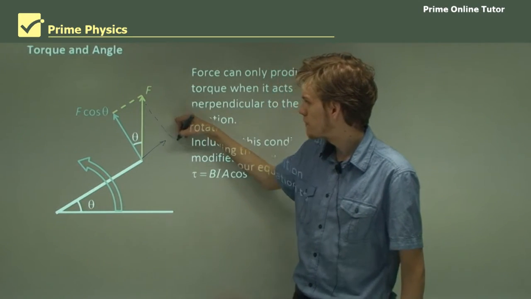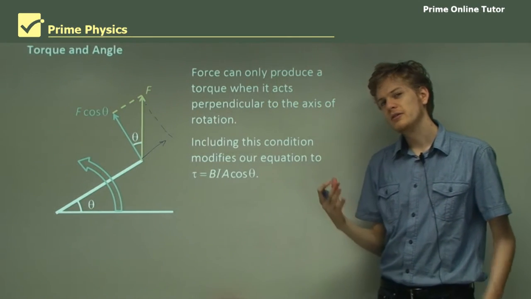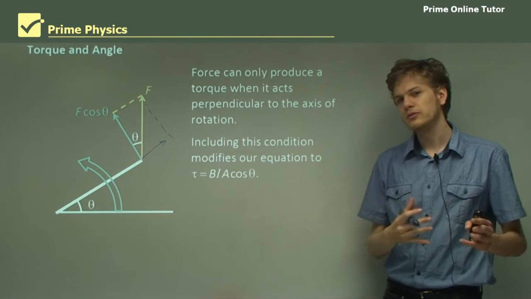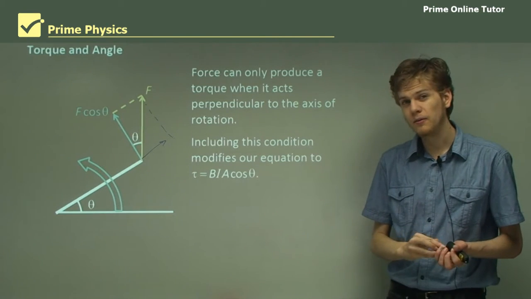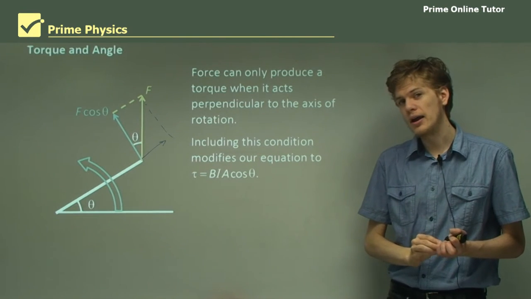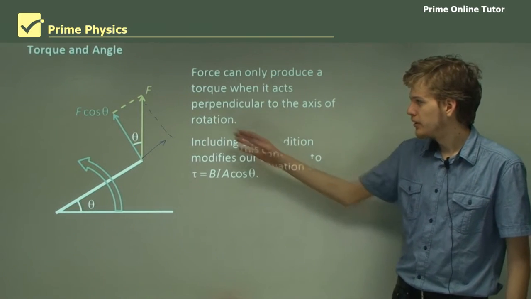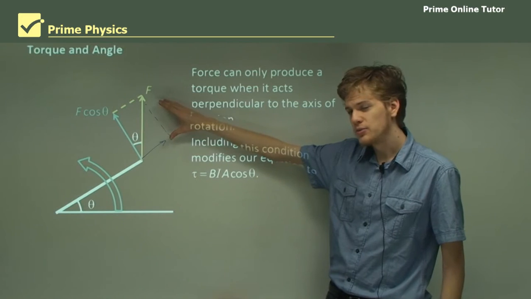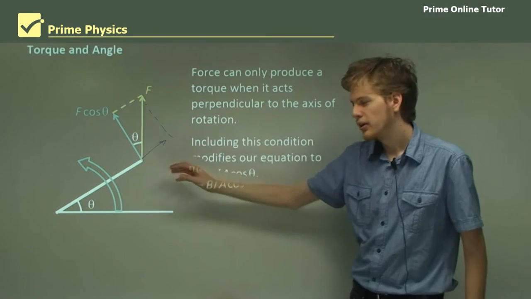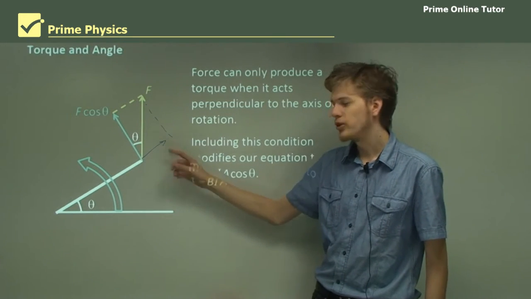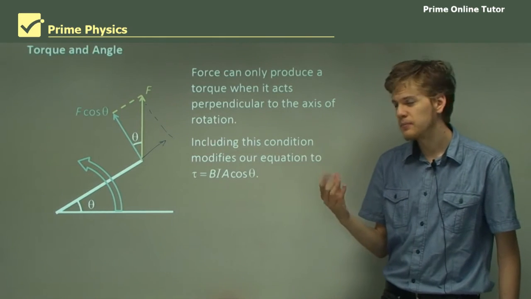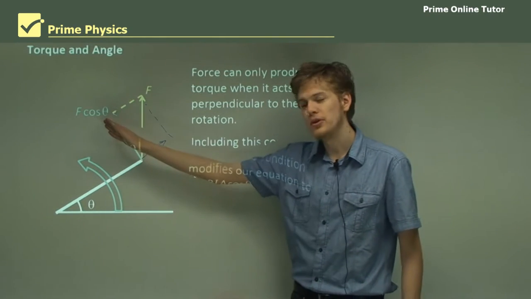Right? It's just like breaking the motion of a projectile into its x and y parts. So, looking at this, we can break the total force into the part of the force that pulls away from the axis and the part of the force that pulls perpendicular to the axis.